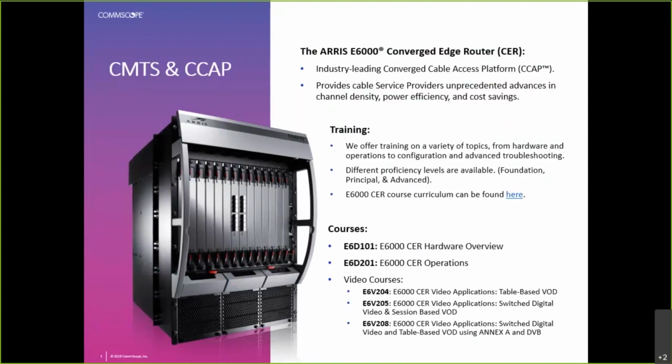We'll also discuss the E6D 201, E6000 Operations, and then a handful of video courses, the E6V 204, E6V 205, and E6V 208. And these are courses designed with the E6000 along with different variations of video services.